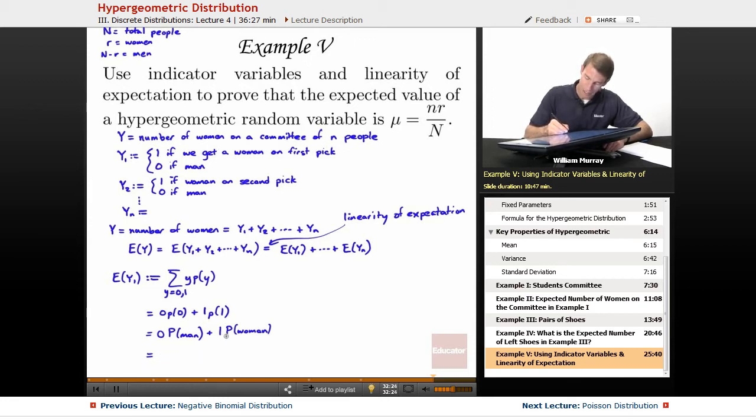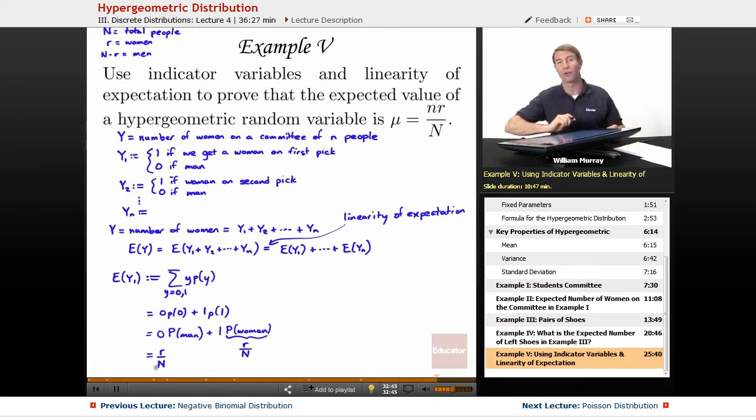The probability of getting a woman, well, how many people were there in the room? There were capital N people in the room, and little r of those people were women. So this is exactly little r over capital N. That's the expected value of one of those indicator variables. It's just little r over capital N.